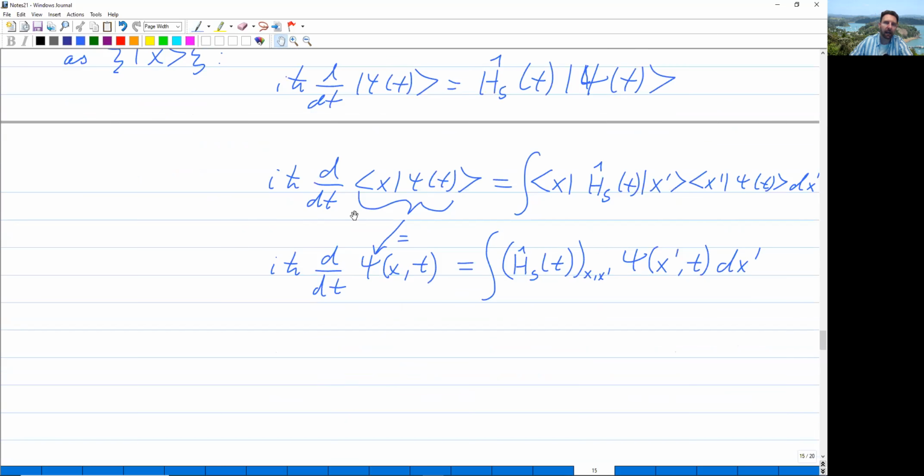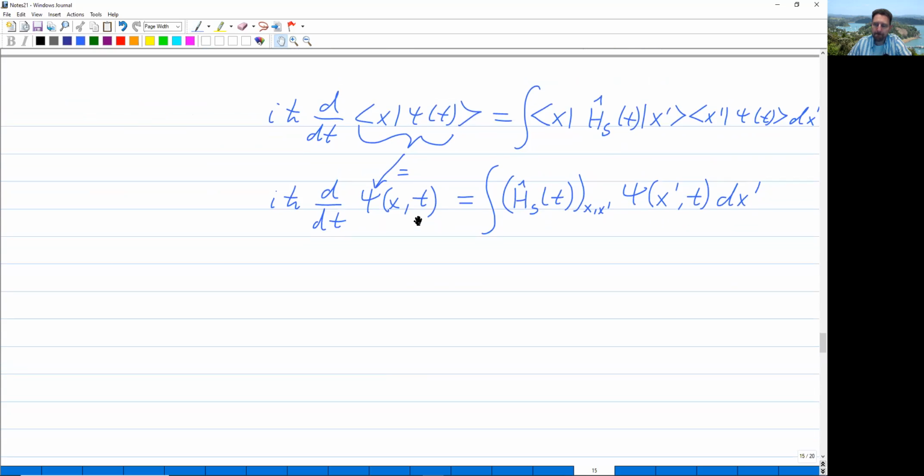Now, how to make sense of this? Here, this is an operator. This is the set of matrix elements of our Schrödinger Hamiltonian. And just like we previously had a matrix acting on a column of coefficients, now we have the same thing, but with a continuous label here. Now remember that we faced this kind of structure before.